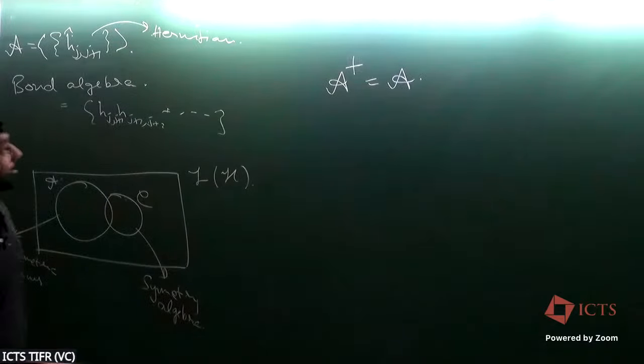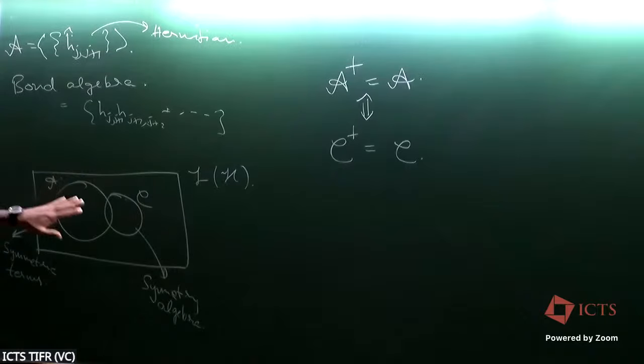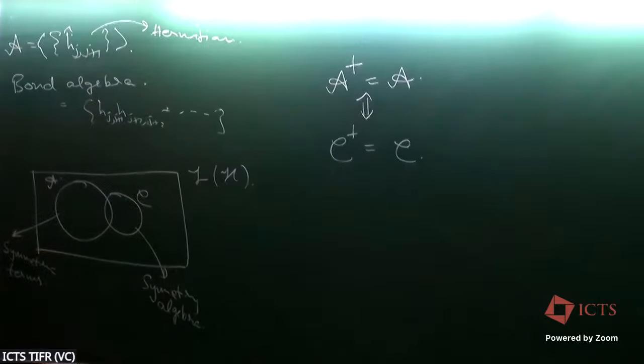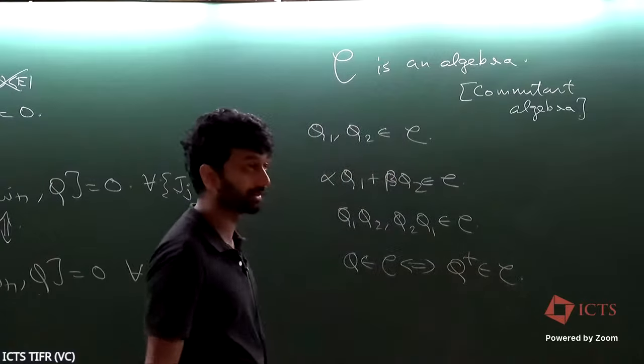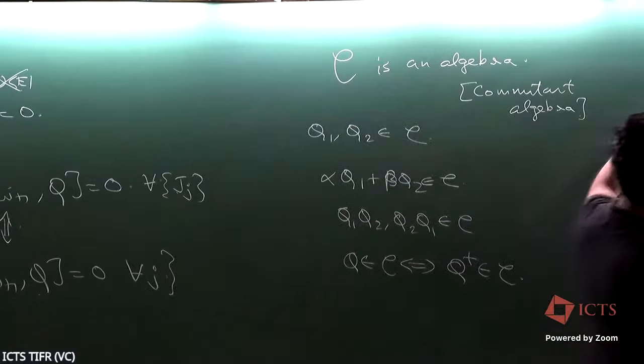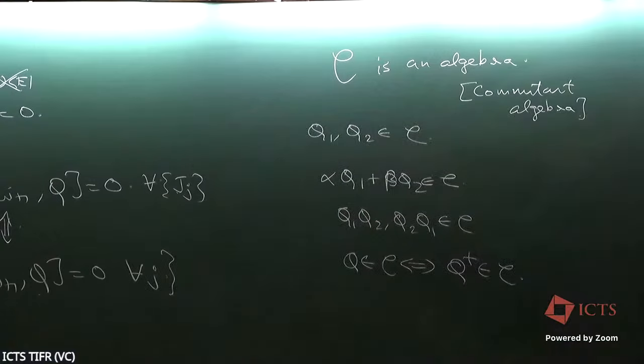And you can see that if this is true, then C is also closed under Hermitian conjugation. So if some Q belongs to C, I can also add this property here: it means that Q dagger also belongs to C. This property follows because we are looking at Hermitian terms and then commutants of Hermitian terms.